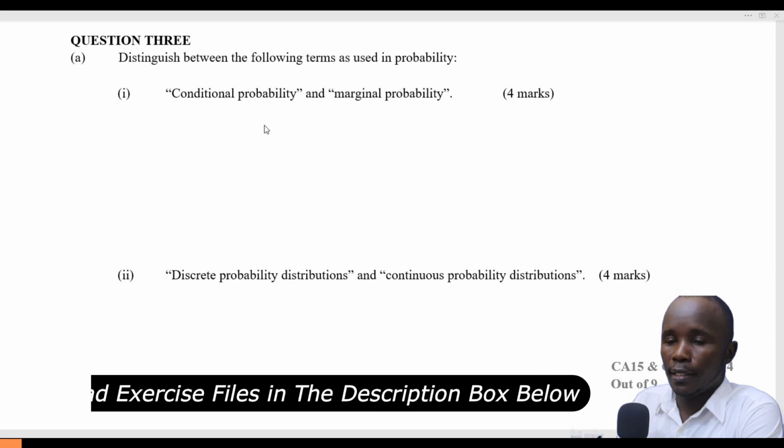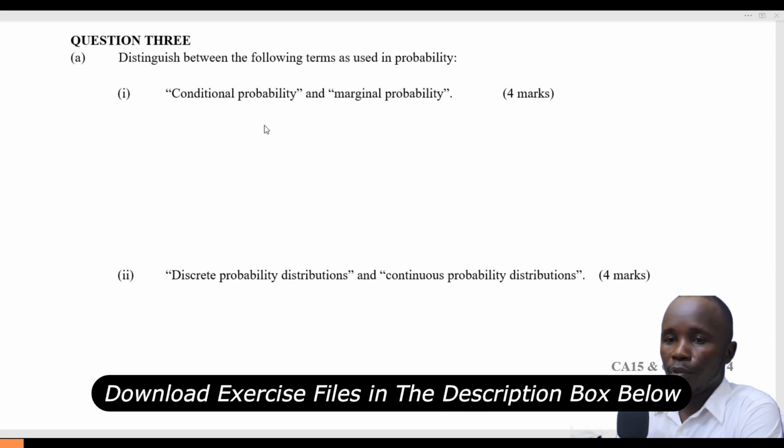So we begin with conditional probability.